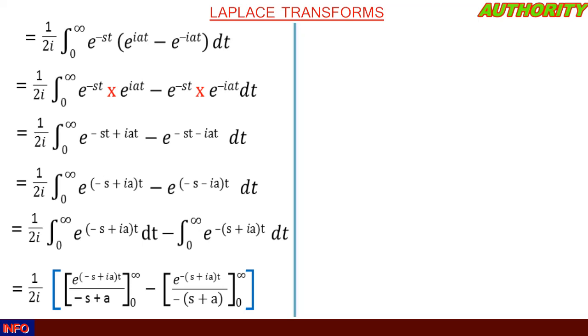Now, in this first bracket, we can simply factor out 1 over minus (s plus ia). As we do so, this is what we have remaining.